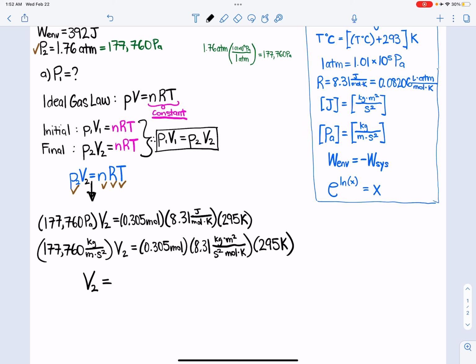And my units are going to cancel out, and if I plug all that in the calculator, basically divide both sides of the equation by 177,760 kilograms per meter times second squared, I would find that my volume at the final state, or second state, is 0.00421 meter cubed. Okay, so I have this now. All right.